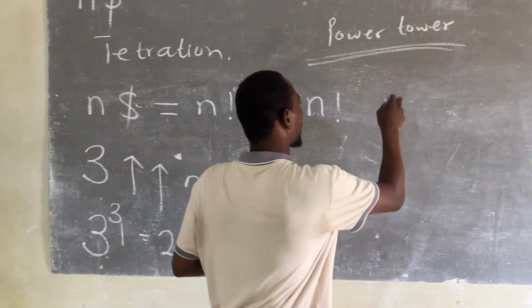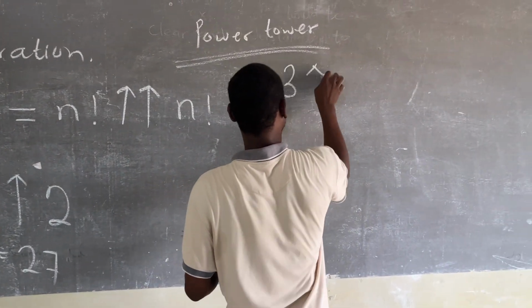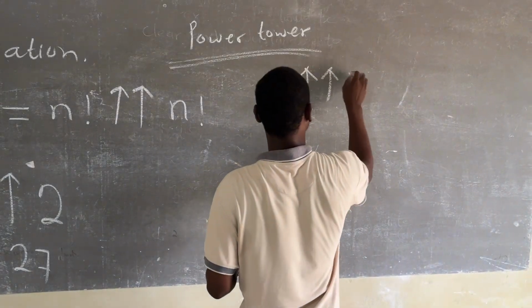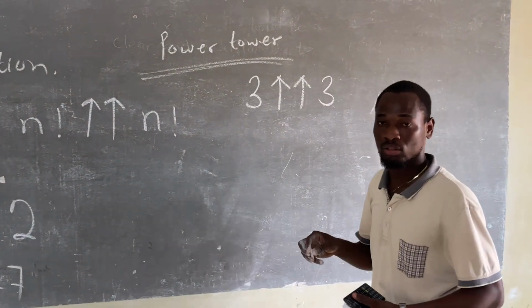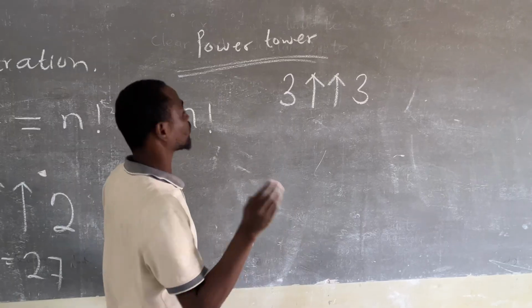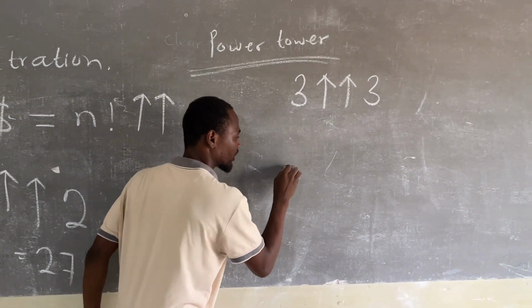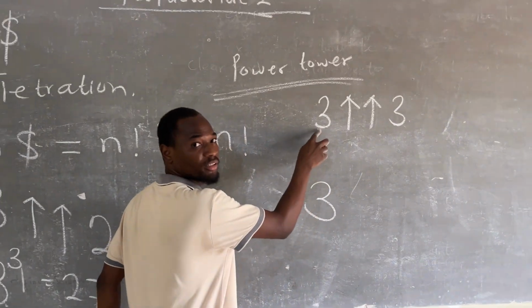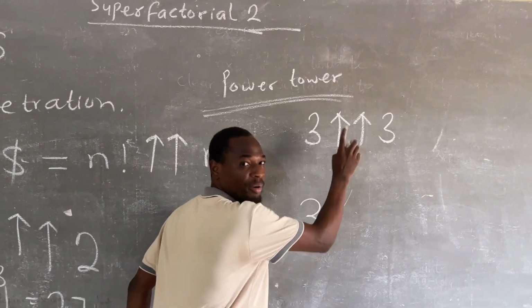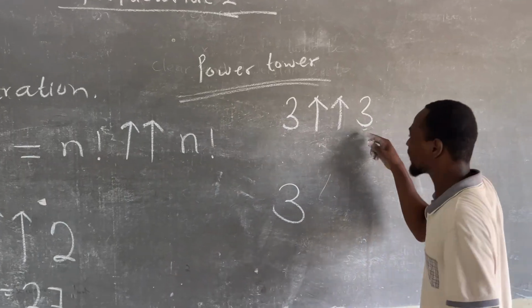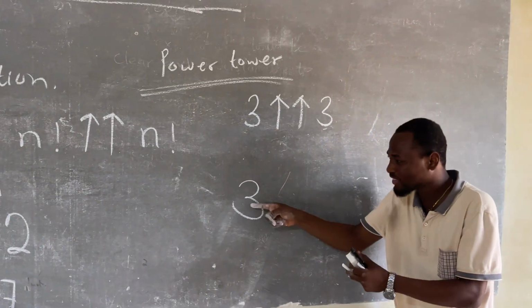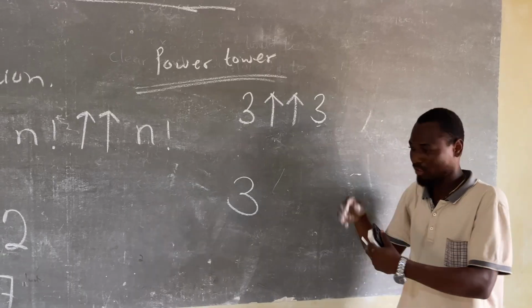What about 3 tetrated to 3? How do you write this? It will form a power tower. I'll be having 3 over here, raised to the power 3. This 3 tells us that at the end of the day, when I count the number of 3s, it should amount to 3.